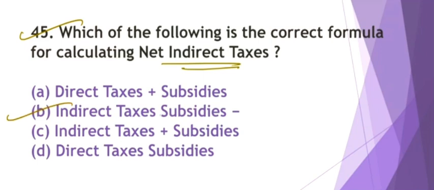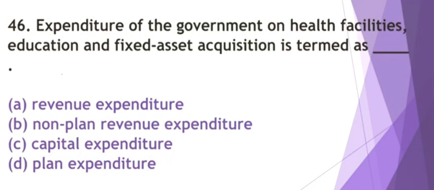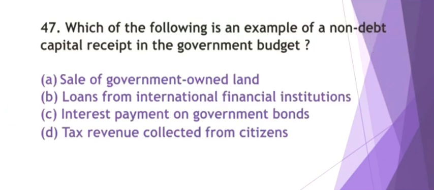Option number D, indirect taxes minus subsidies. 46. Expenditure of the government on health facilities, education, and fixed asset acquisition is termed as option number C, capital expenditure.